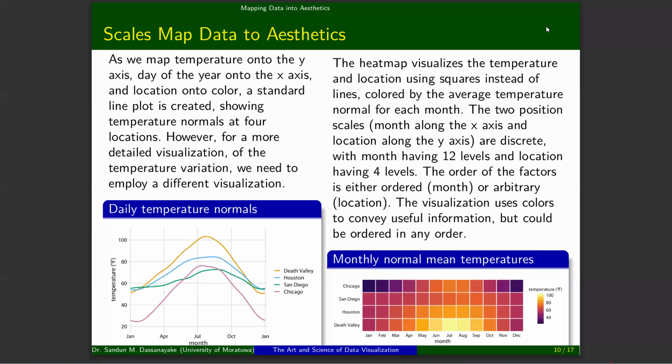I'll give you 2 minutes to save time. I'm referring to the first one, daily temperature normals. Write in maybe 2, 3 sentences and send it to me in the chat.